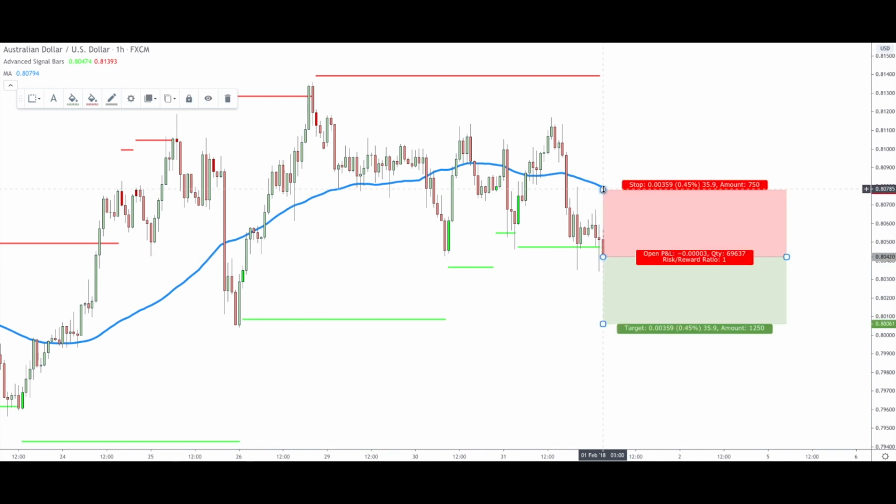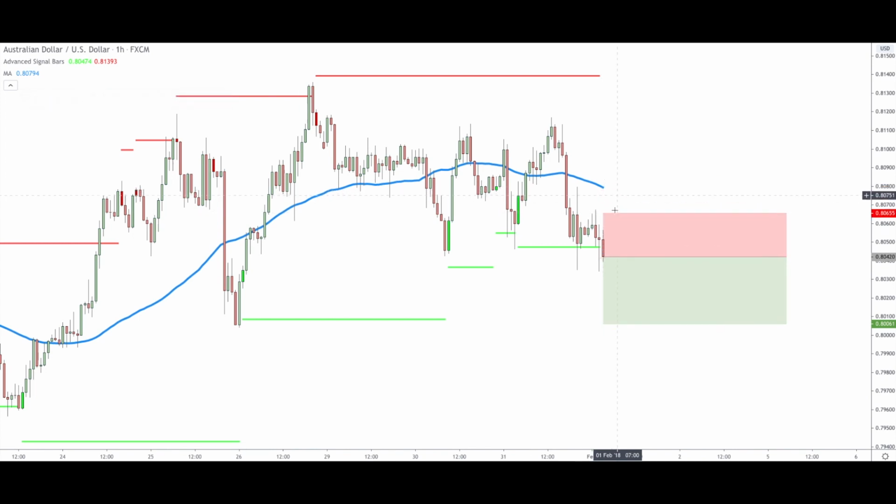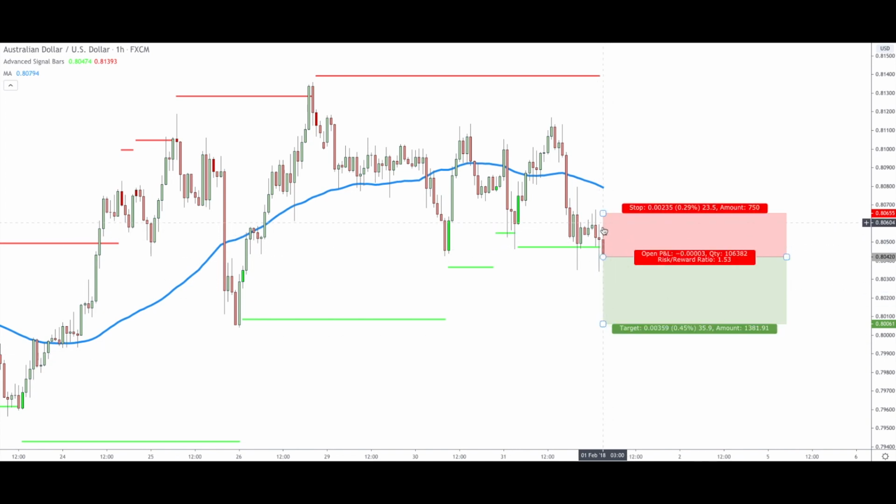I always trade it like this, or at least many times I trade it like this. I just sell as soon as I see a breakdown of the horizontal line, and then I fix my stop loss. Typically, if it's a long candle, I just put the stop loss just above that candle.